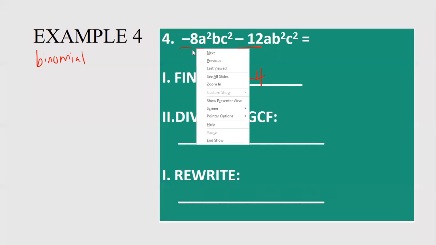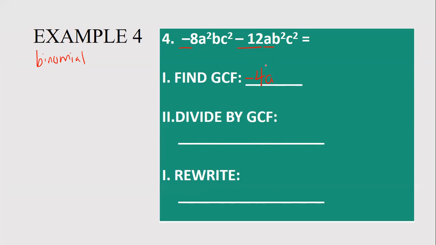What is the least amount of A's do I have? 1A. What is the least amount of B's do I have? And what is the least amount of C's I have? Okay, so we're dividing this by -4ABC squared, -4ABC squared.